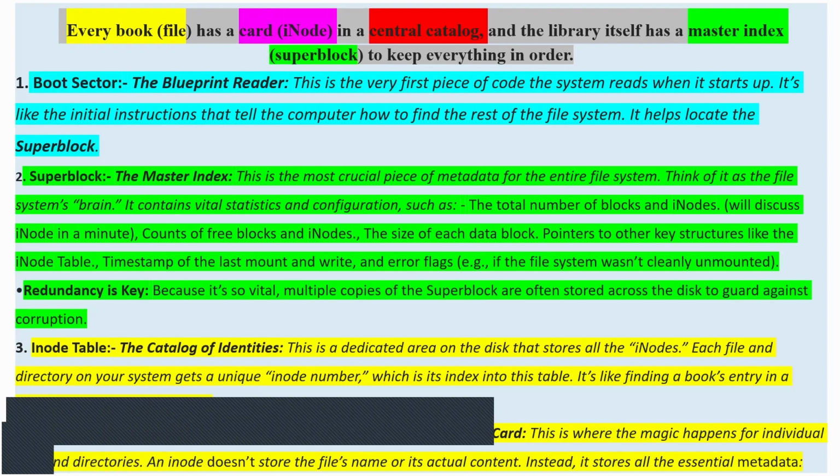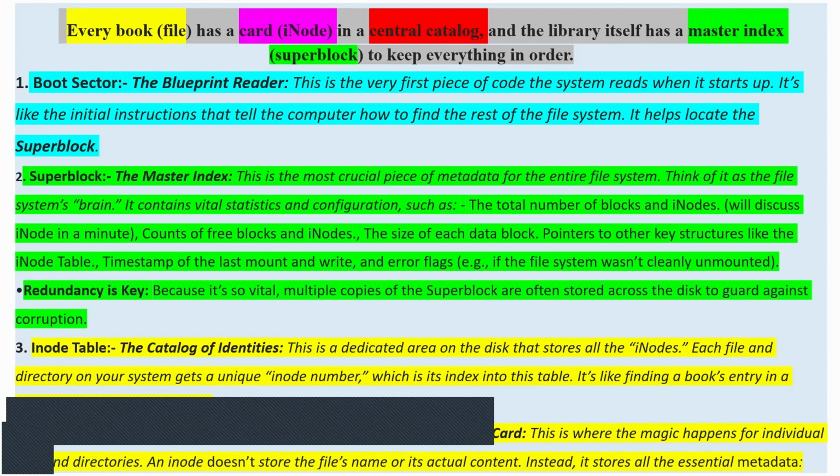So every book or file has a card, an inode, in a central catalog, and the library itself has a master index, which is known as the super block, to keep everything in order, right?